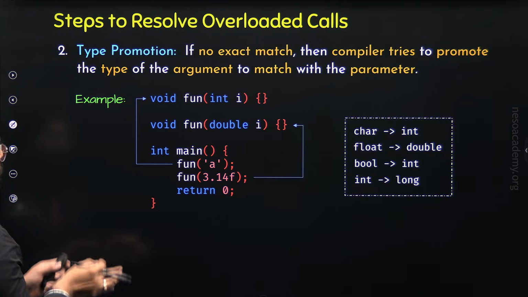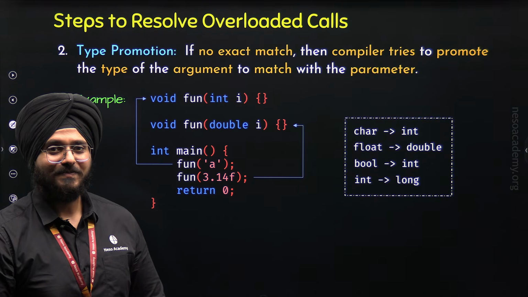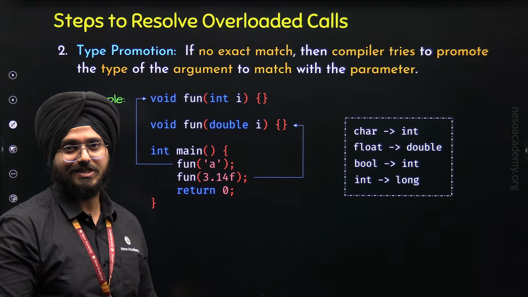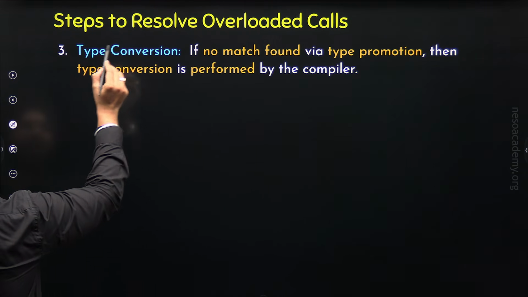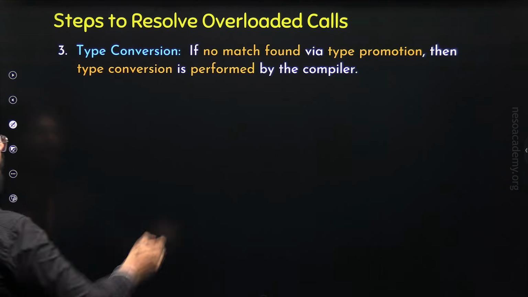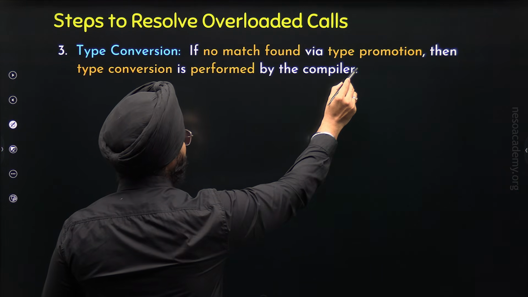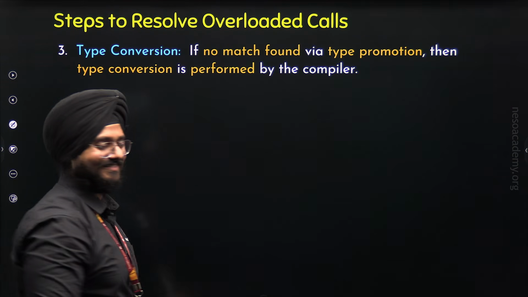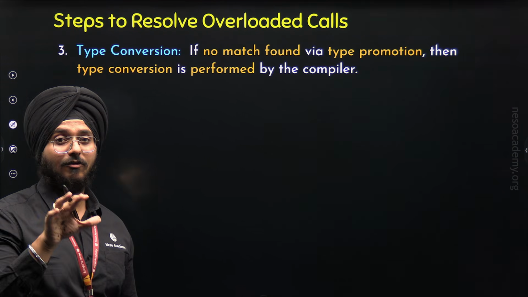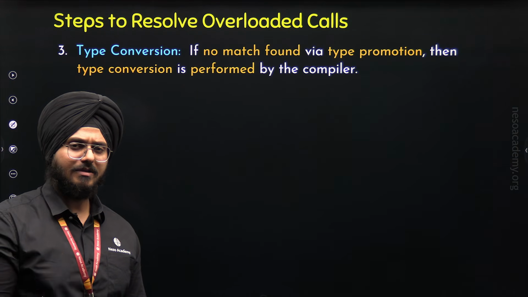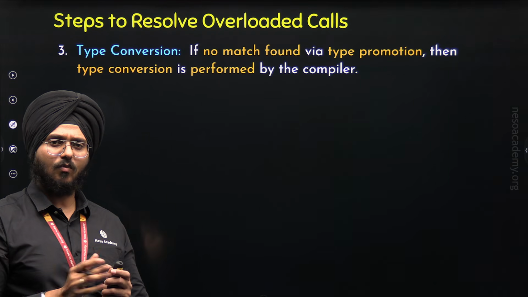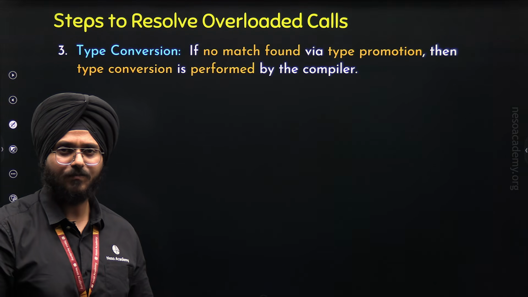Now, what happens if type promotion cannot be performed? If that is the case, then the compiler moves to the third step, which is type conversion. If no match is found via type promotion, then type conversion is performed by the compiler. Now, what's the difference between type conversion and type promotion?